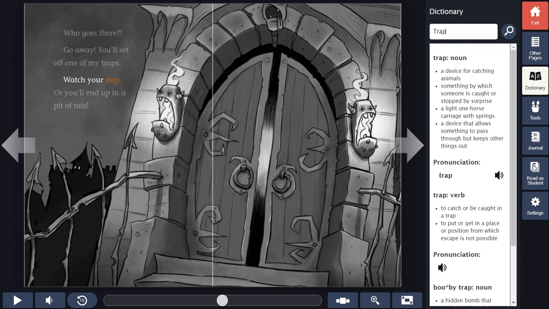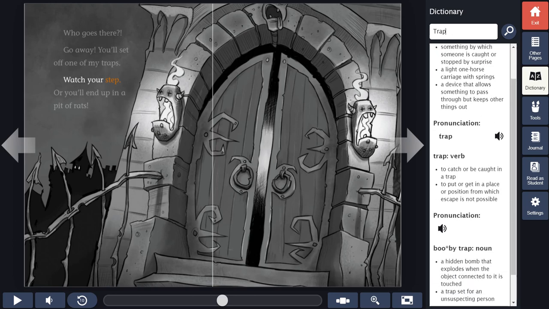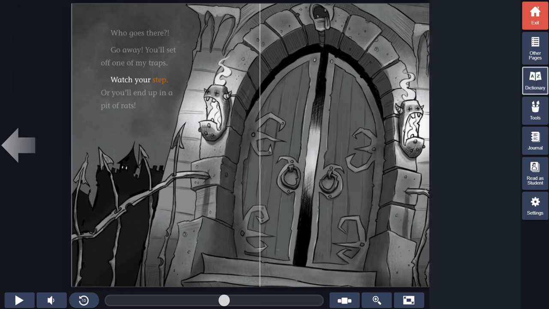It's also used as a verb as well. It is to catch or be caught in a trap, to put or get in a place or position from which escape is not possible. It basically helps you to understand the book itself.